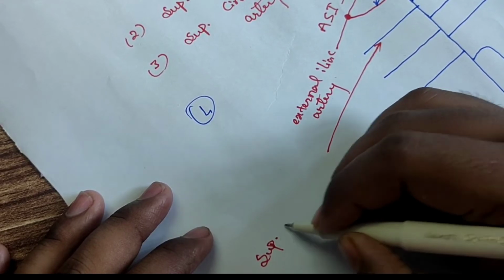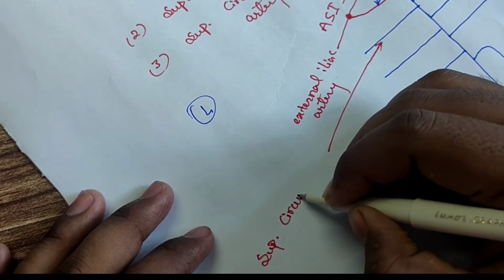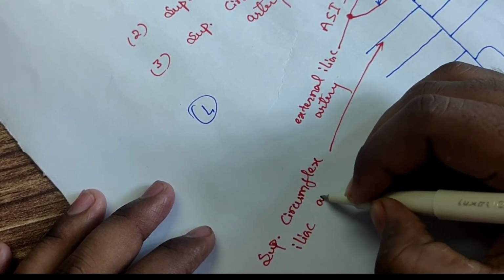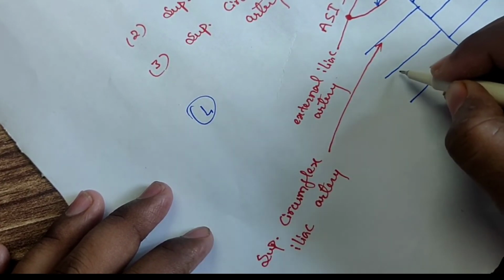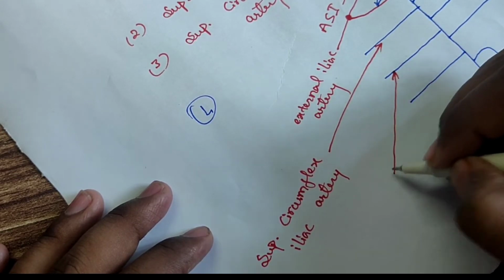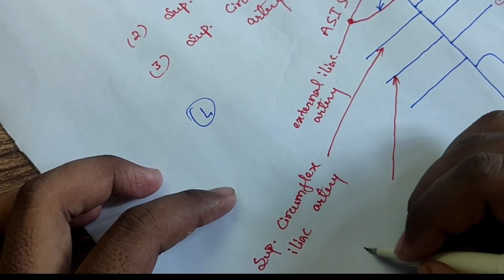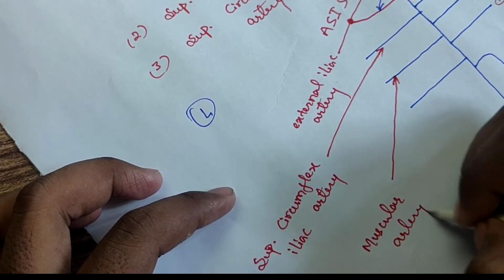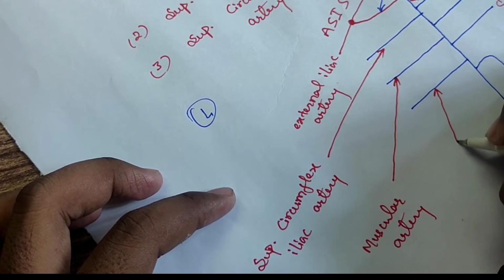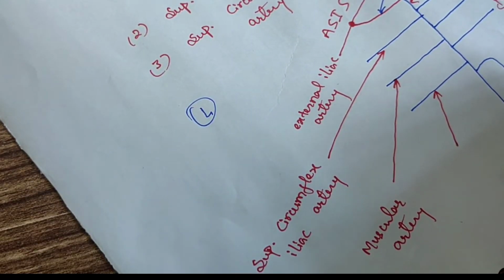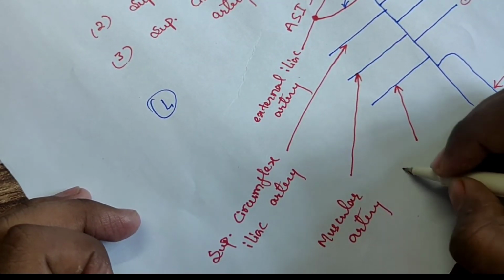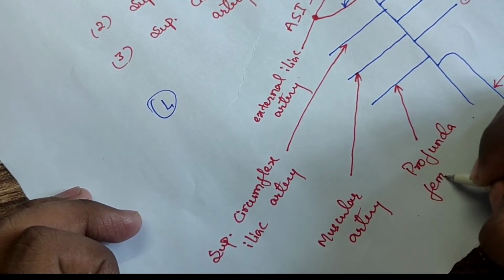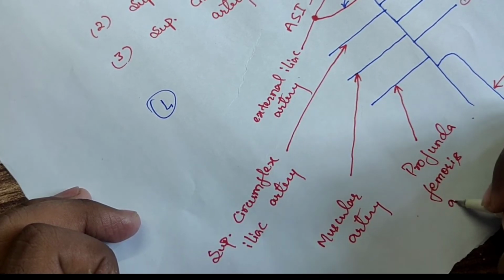So it is superficial circumflex iliac artery. This branch is known as muscular artery, and the last branch is profunda femoris artery. Okay, profunda femoris artery.